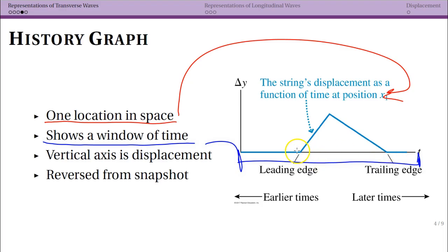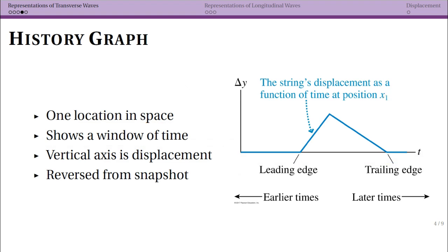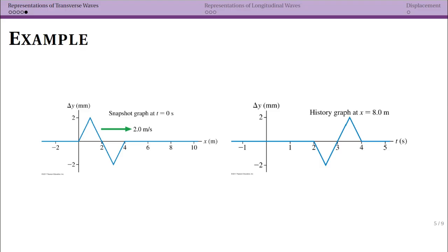So this happens first, and then that happens. And if we were talking about a pulse moving to the right, the leading edge was on the right. So you should ideally be able to think through why this looks like a mirror reversal of the snapshot plot, but that's actually correct. It should be like that.